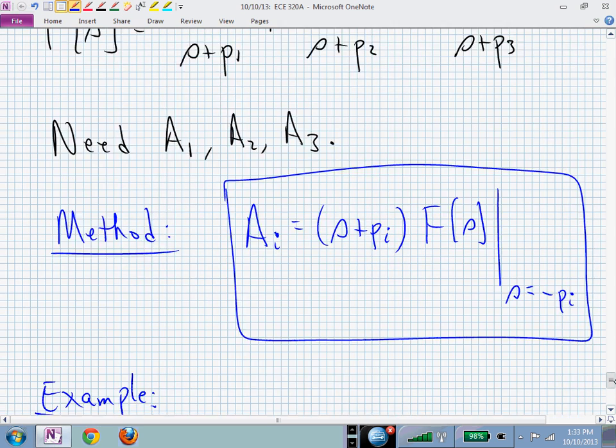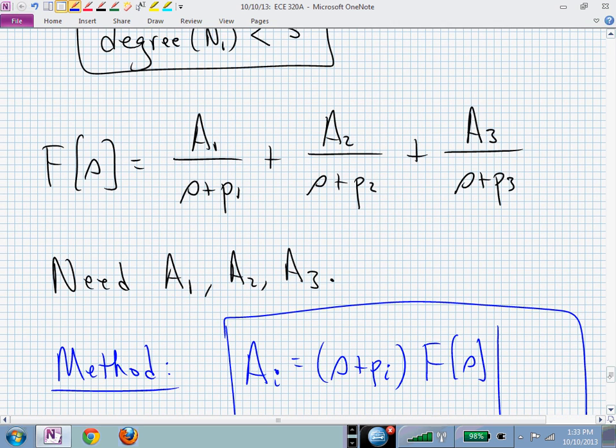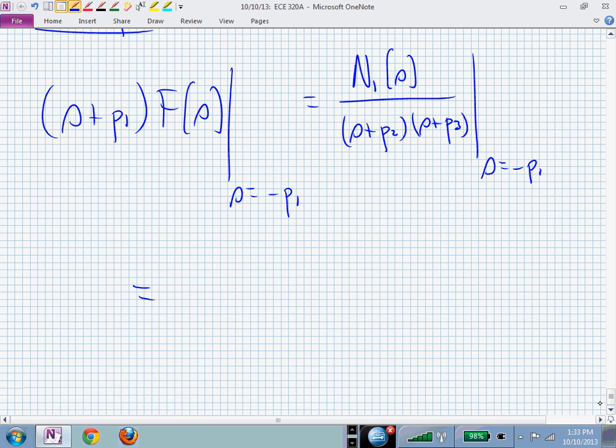Now what do I end up with on the right? If I multiply all of these terms by s plus p1, the first term, I immediately isolate capital A sub 1, right? Because I've just canceled the s plus p1 factor. And the other terms, I'm left with that s plus p1 upstairs.